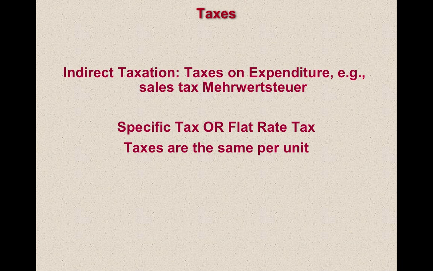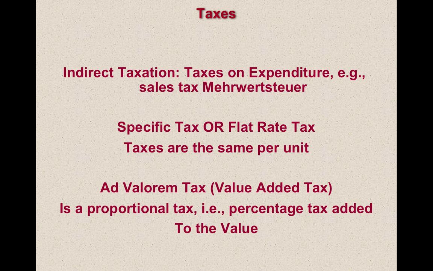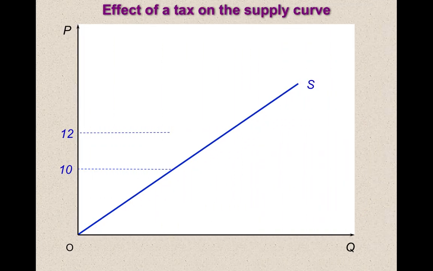This is nothing new, but we'll still touch upon it again. So that's a flat rate tax or specific tax. The other type is called an ad valorem tax, sometimes called a value added tax, and this is not a per unit tax. It is a tax that is levied as a percentage, so it looks a little different on the supply and demand curve. Let's get to the diagrams.